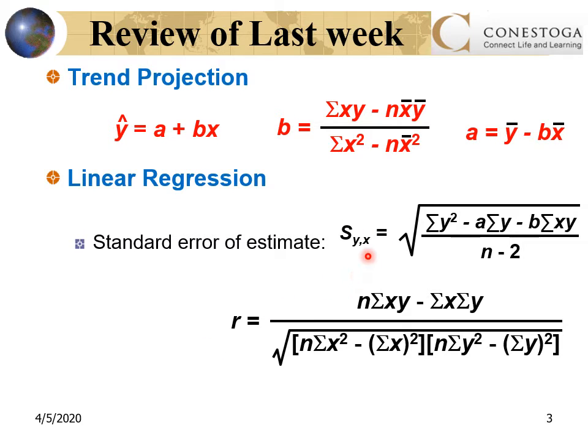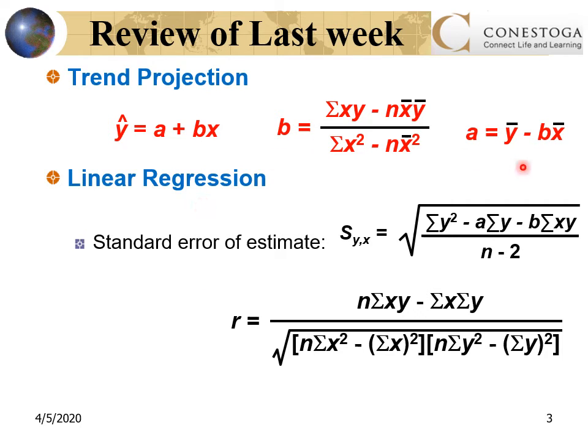One is called the standard error of estimate, SYX, and the second is the correlation coefficient, R. So SYX and R represent the accuracy of the regression line we have estimated using this calculation.